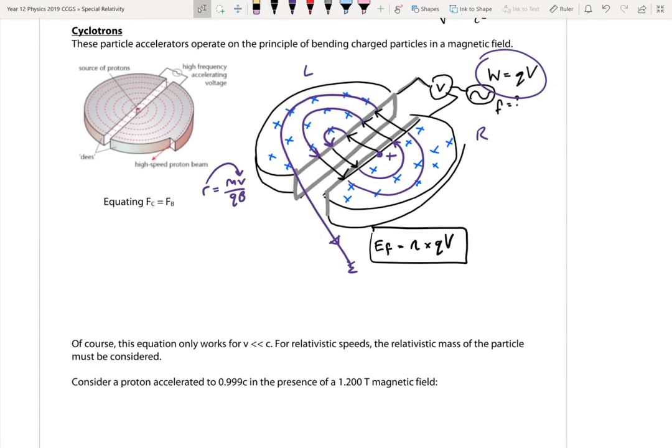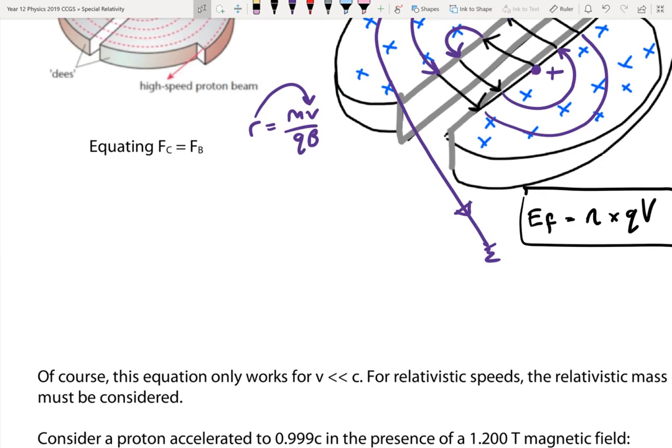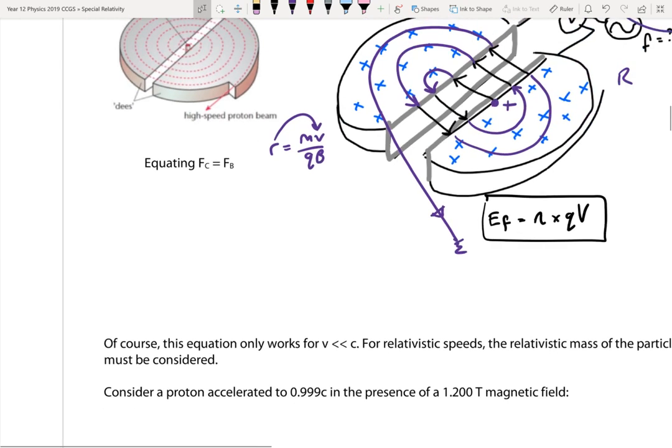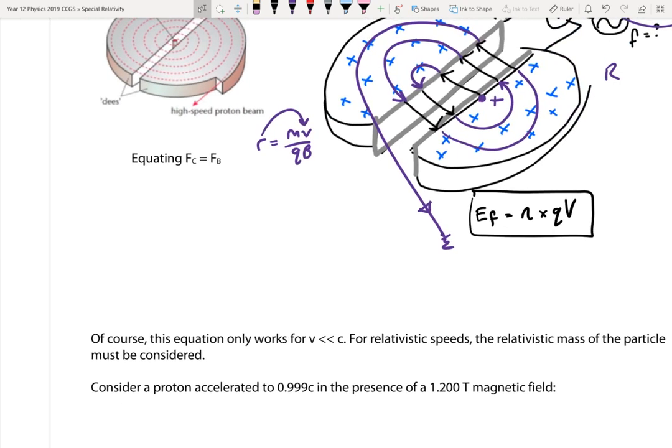Yeah? Now, there was once a question about with what frequency we need to flip this electric field. The frequency that we have to flip the electric field is basically the time that the particle takes traveling in a semicircle. So here's what we're going to do.